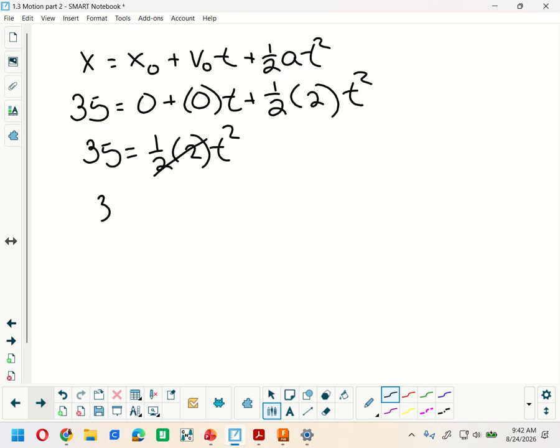So now I get 35 equals t squared. Now, how do I undo a square? Square root. So when I do the square root, do not forget this. So I'm going to get t is equal to the plus or minus square root of 35. You cannot forget that plus or minus because especially in problems dealing with x values, my positive could be going to the right, the negative could be going to the left.